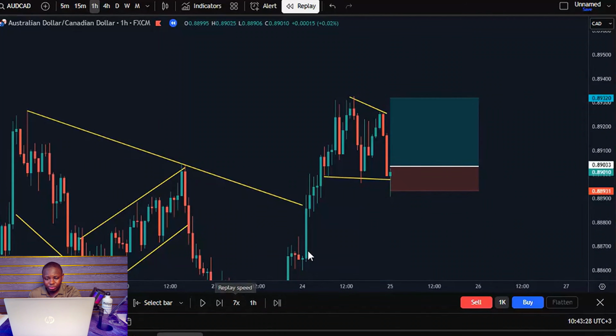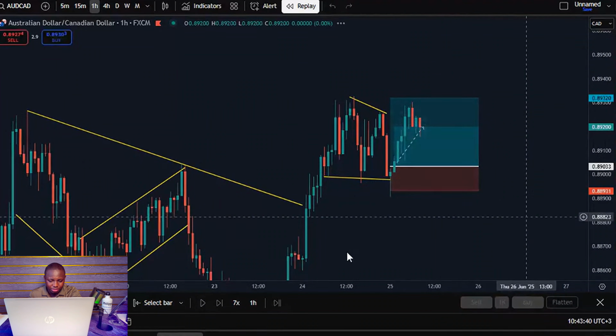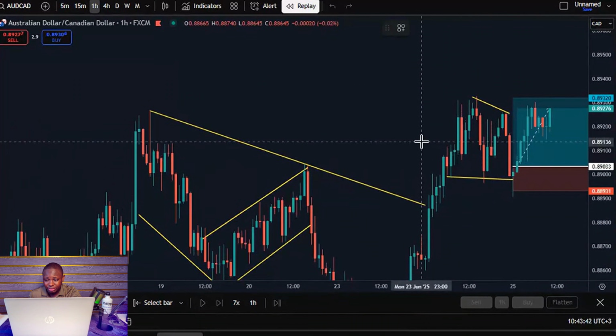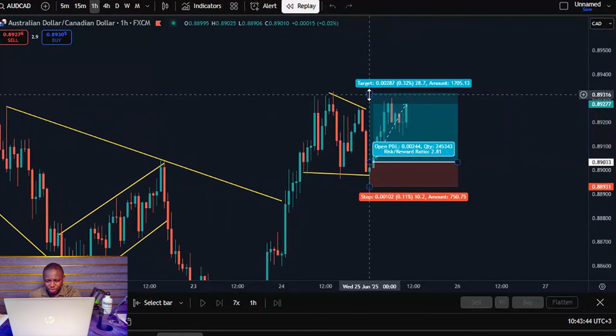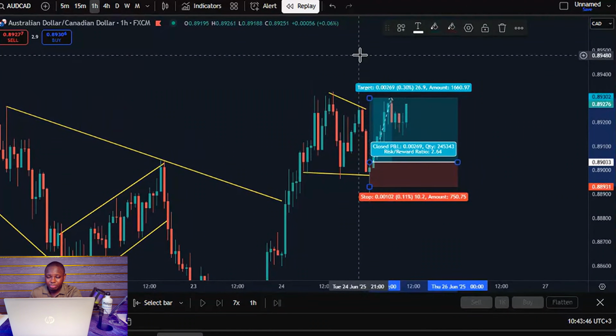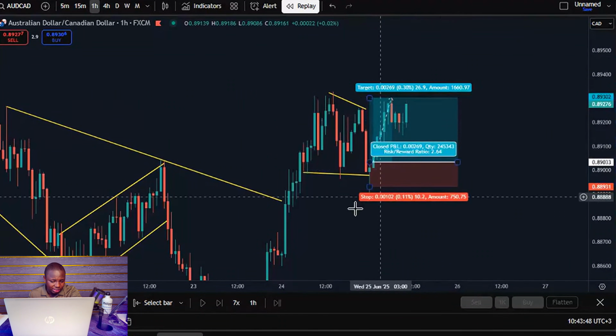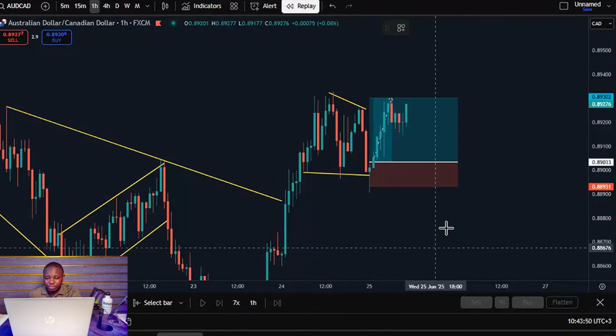So in this example, I would have set my entry over there, and we would have been tagged in, and then price would have gone like so, and at this stage maybe we would be running around break even, because around these areas we are running nearly 3%, which technically is 2 point something percent. So we would have set our stop loss to our entry point, and that would have given us a much better chance of protecting ourselves.